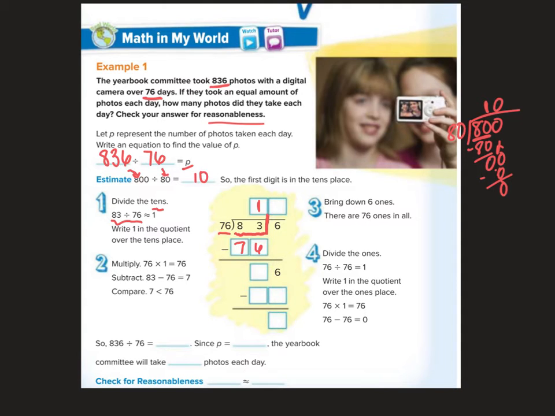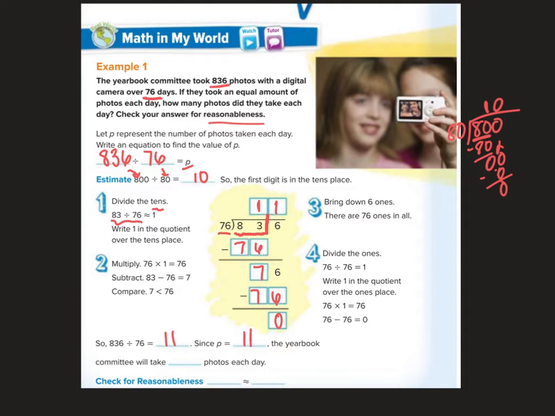When I subtract that, I'm going to get 7. Then 76 divided by 76, well, look at that, 1. Well, that wasn't too bad. I thought this might be a doozy, but not too bad. Just 11. Well, isn't that nice? So 836 divided by 76 is 11.